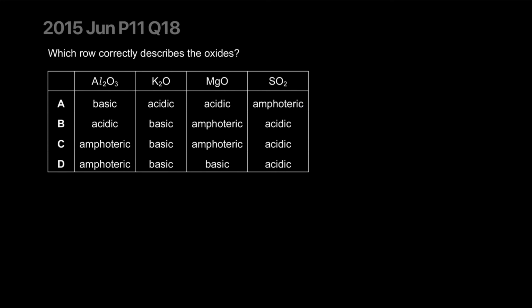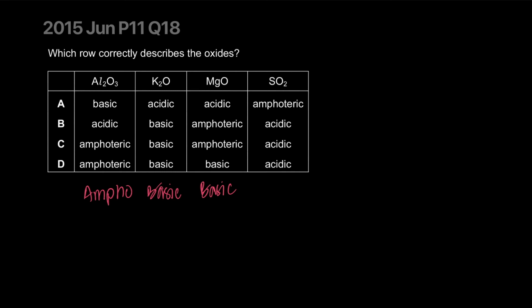Which row correctly describes the oxides? Aluminum oxide is the poster child of amphoteric. Ampho, right? Now over here, in the next one, it's potassium. Potassium is in group 1, so this has to be basic. This also has to be basic because it's group 2.